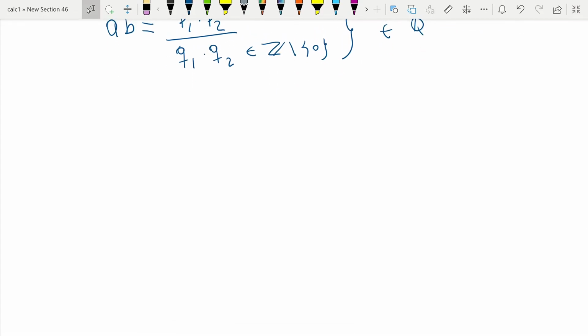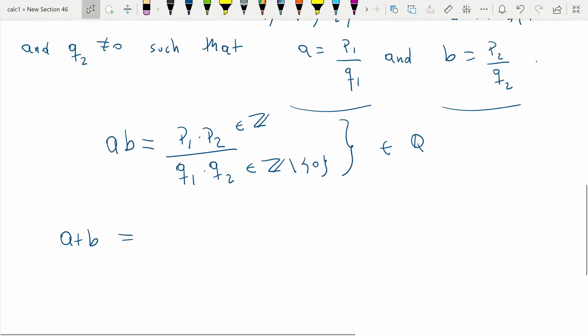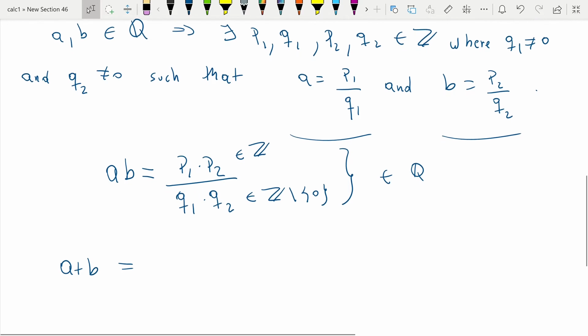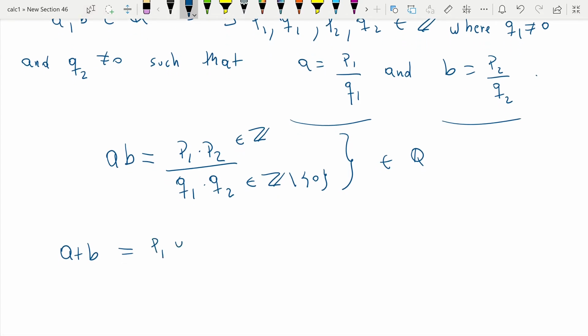Now for A plus B, remember you can simply cross multiply and say that this is the same as P1 times Q2 plus P2 times Q1, all that divided by Q1 times Q2. But then again, the numerator is an integer.